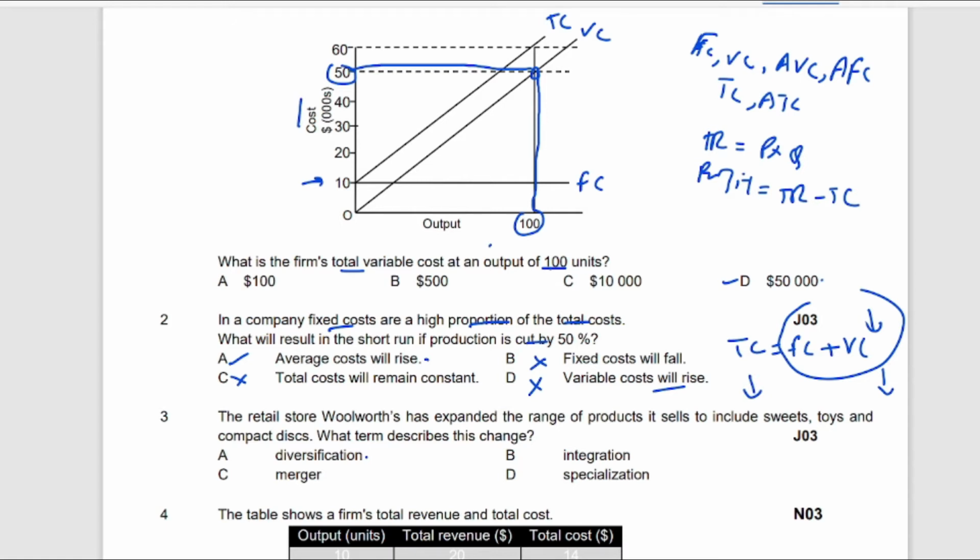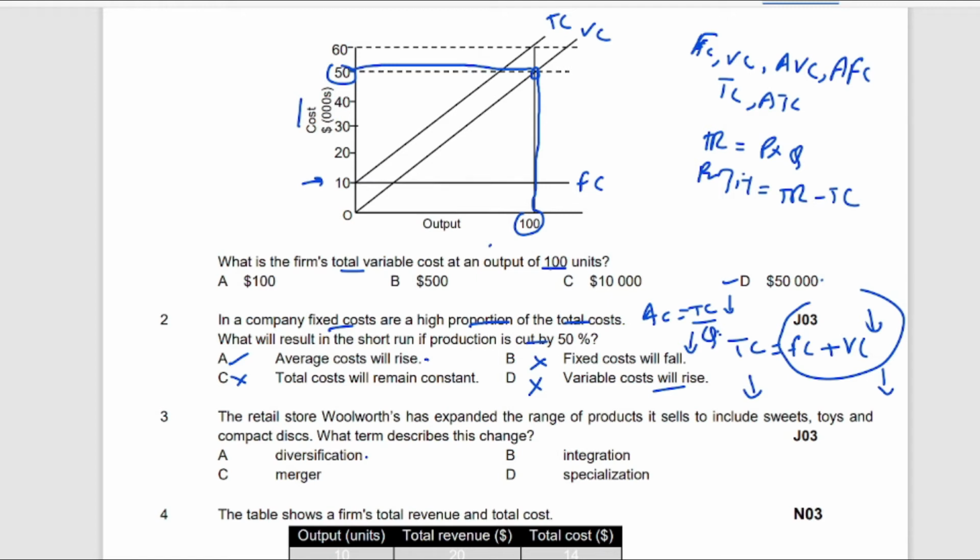Average cost will rise because most of the cost will still have to be paid, and now output is lower, and average cost is equal to total cost divided by quantity. If we are reducing quantity, the denominator is decreasing and total cost is decreasing, but total cost decreases at a smaller rate because fixed cost remains the same.